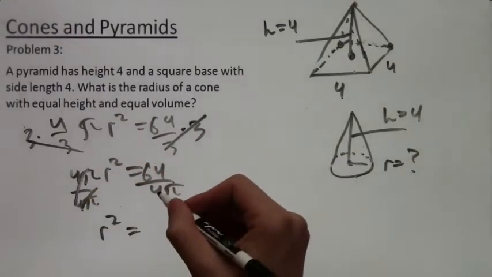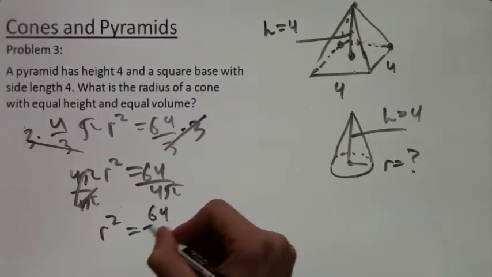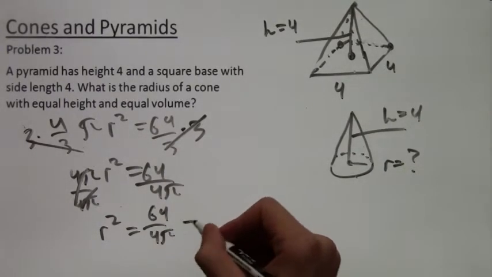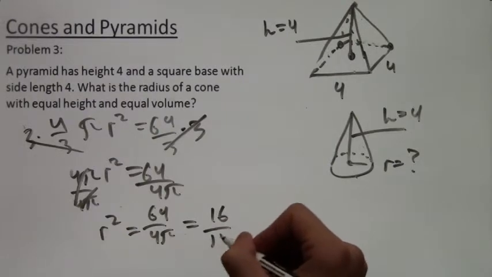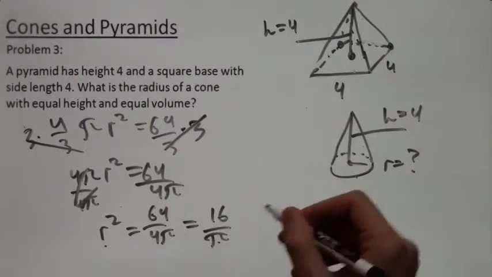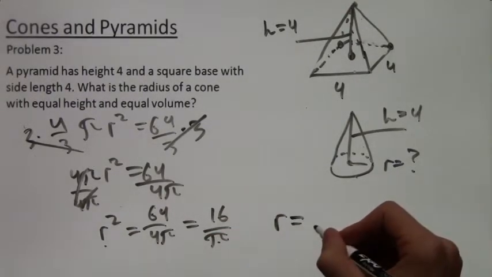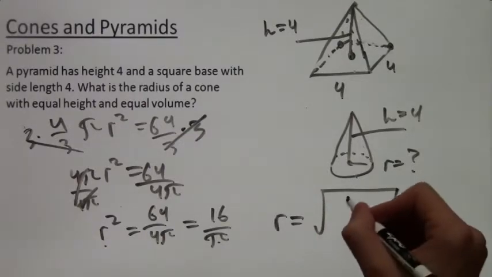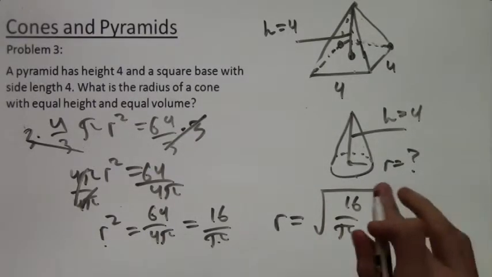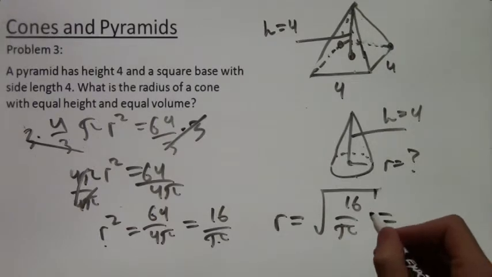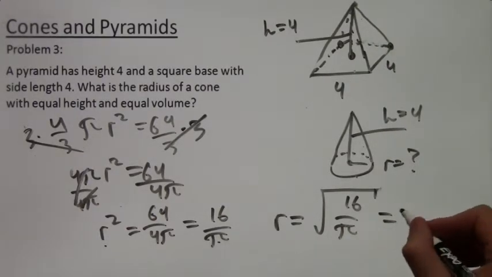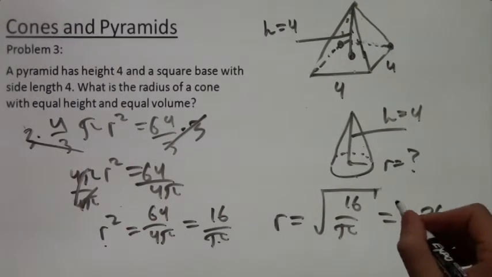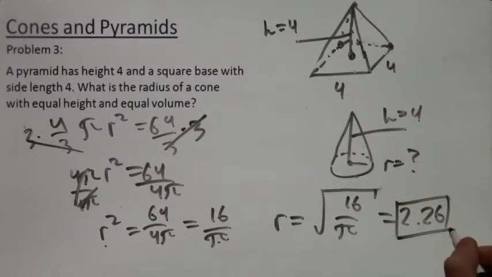And this simplifies to r squared equals 64 over 4 pi, and that actually simplifies a little bit to 16 over pi. So to solve for r, we just take the square root. Square root of 16 over pi. We plug this into our calculator, and we get 2.26 is the final answer.